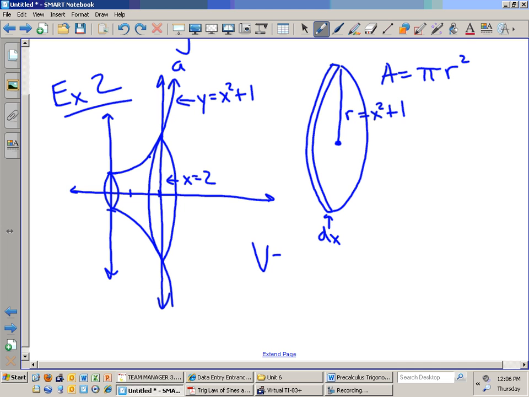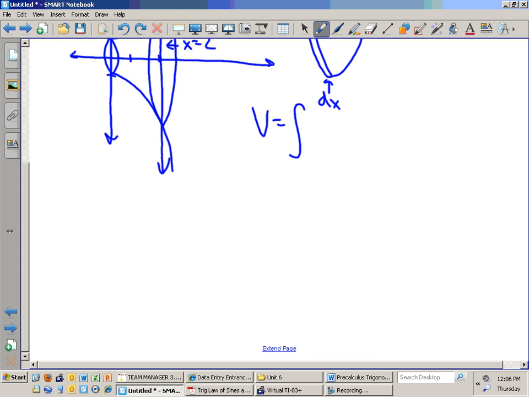Volume is equal to, you guys tell me what to put next. The integral from 0 to 2 of pi times x squared plus 1 quantity squared dx. That is going to be the volume of my shape. That is what I'm going to revolve.